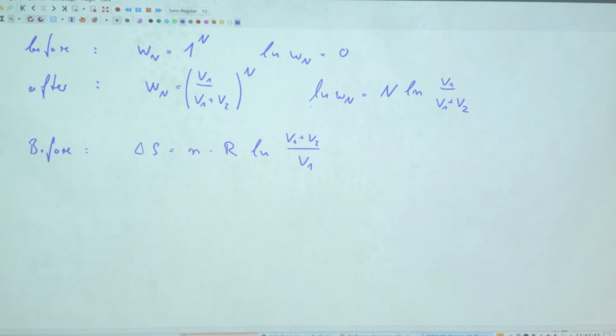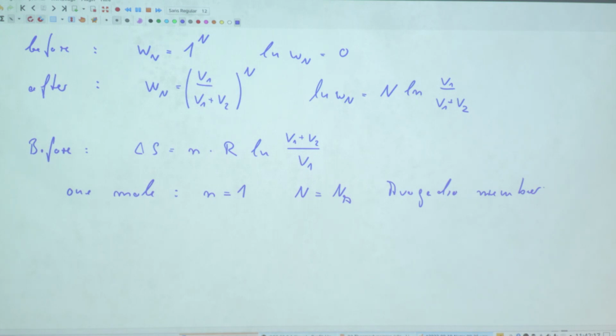If we assume that we have 1 mole, this would mean lowercase n equals 1, uppercase N equals Avogadro's number. And things get even a bit simpler.